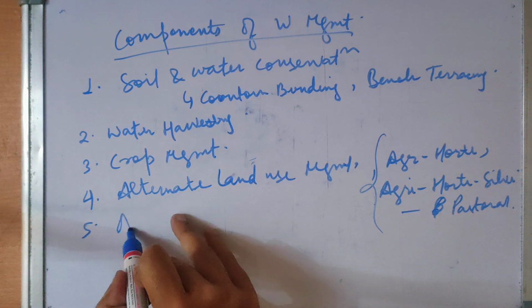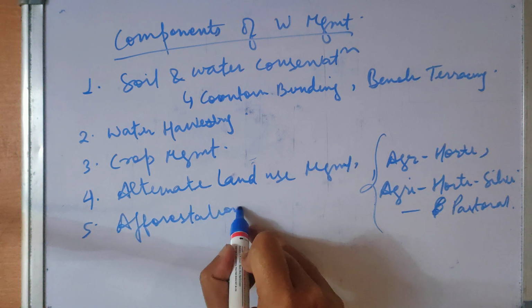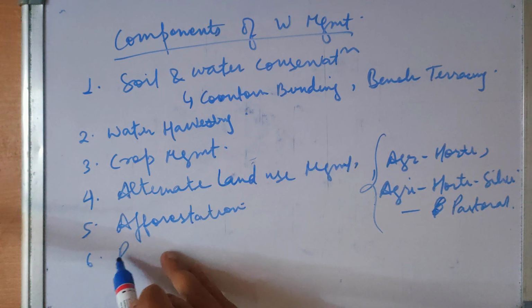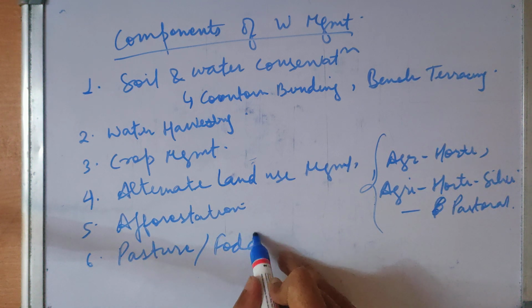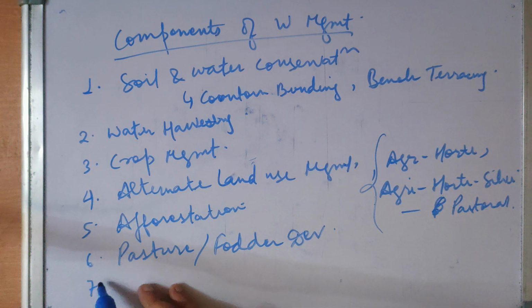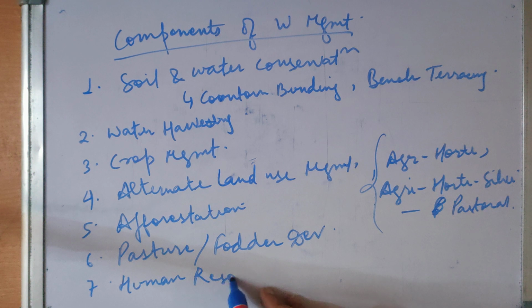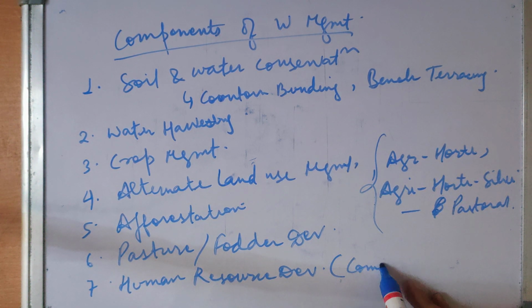We need to do afforestation, pasture and fodder development, human resource development, that is community development.